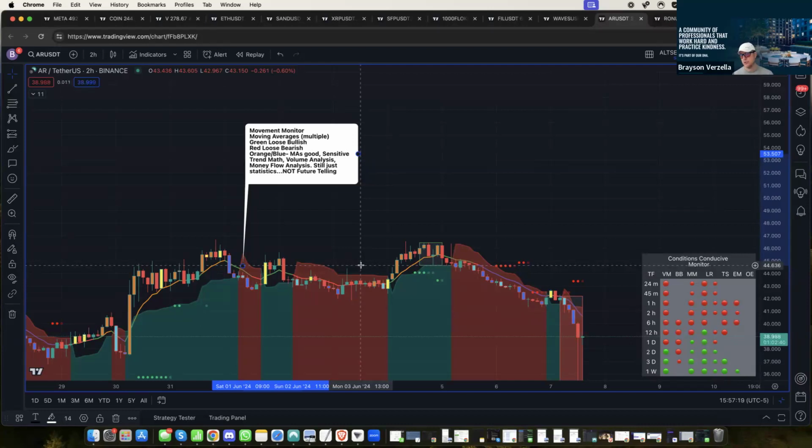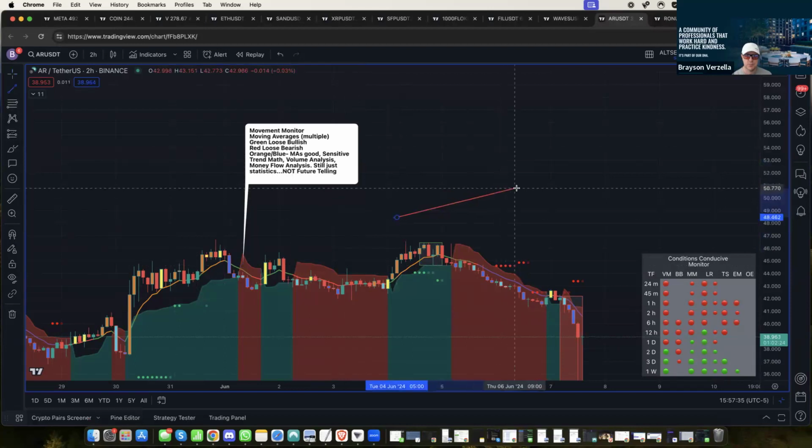So if the moving average data is what it needs to be, then we have the prerequisite to turn, again, orange or blue, depending on which way it's going. If the trend analysis, where it's actually assessing in different ways if a trend is breaking, right? For instance, we're not necessarily doing the math on trends 24/7, but the movement monitor is.